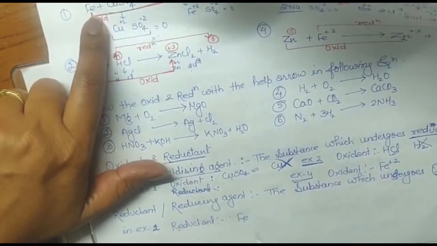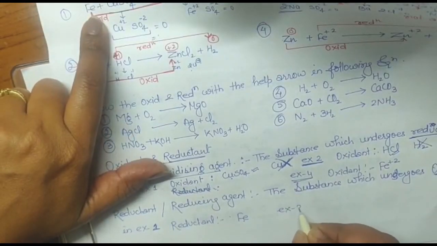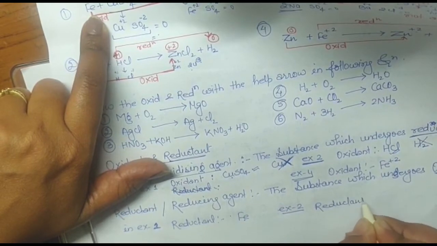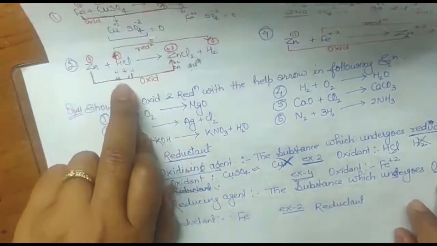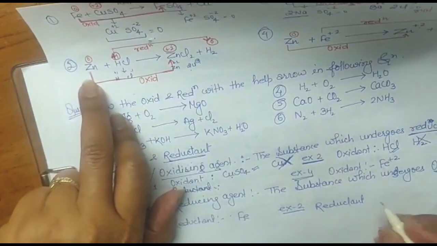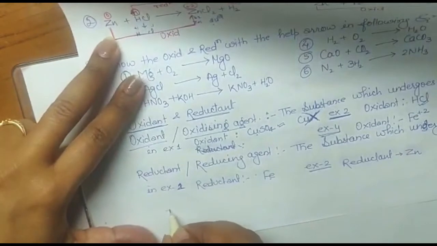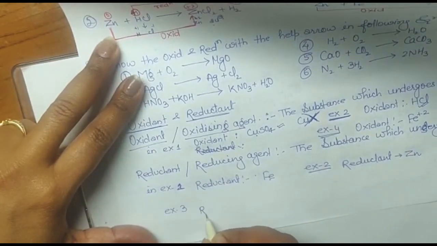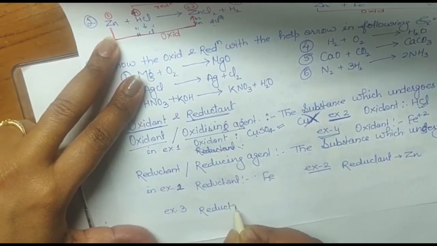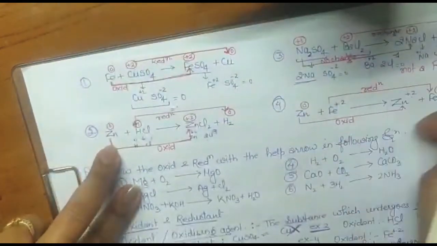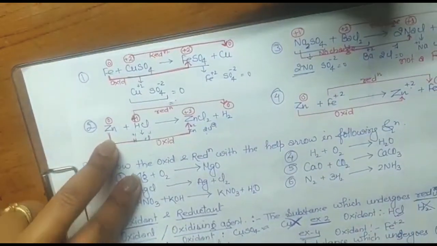Okay. So here the one which is undergoing oxidation is Fe. So Fe will be written. In example 2, if I ask the reductant, again the same, which is undergoing oxidation. Which one is undergoing oxidation? Zn. So we'll write Zn here. Yes. And in example 3, which one is reductant? Again, no one, because it is not a redox reaction, so किसी का oxidation number change नहीं हो रहा.